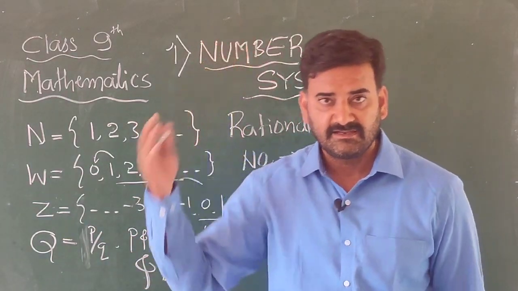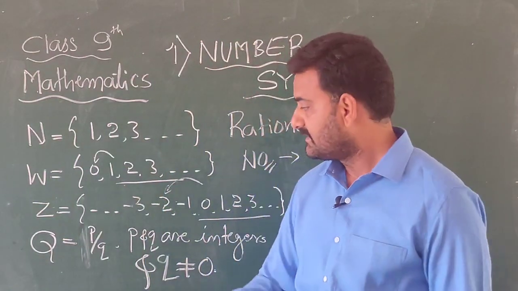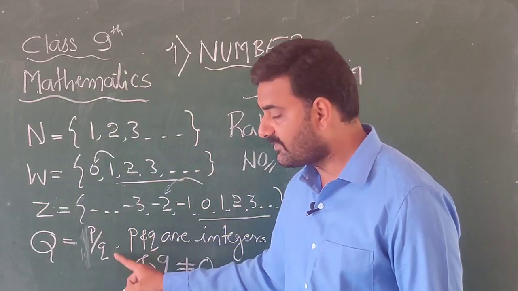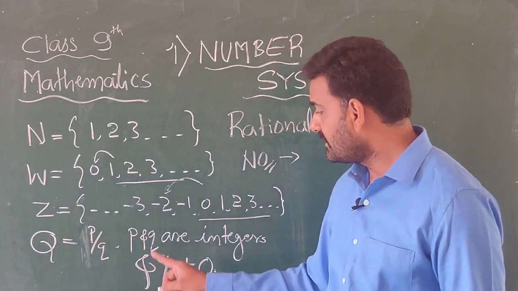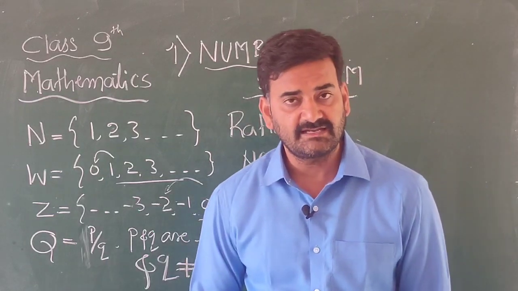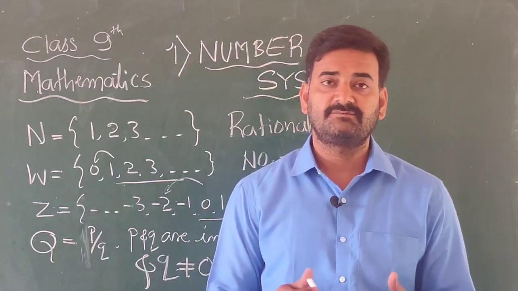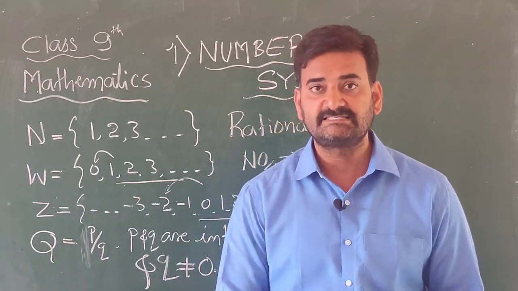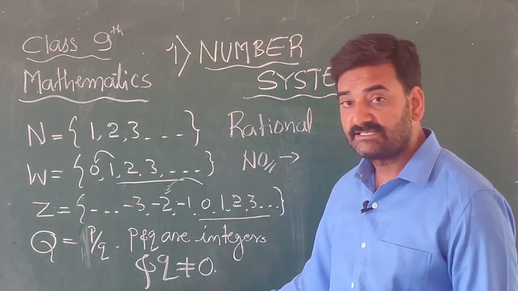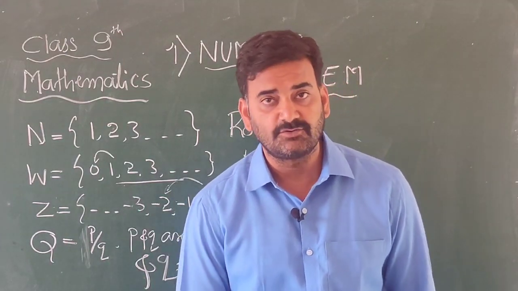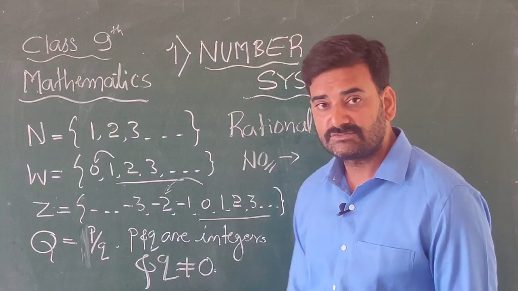Numerator has to be there, denominator has to be there. Rational numbers are those numbers which are in the form of p by q, where p and q are integers, meaning that p and q may be negative or positive, but a condition is there: the denominator, that is q, is not equal to 0.